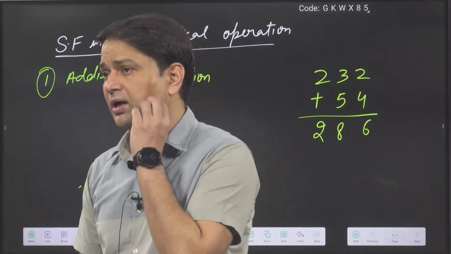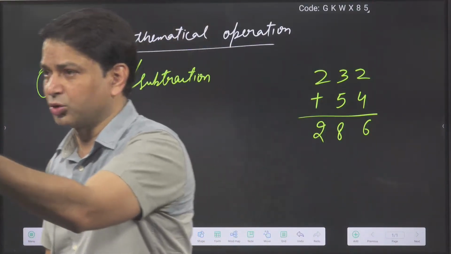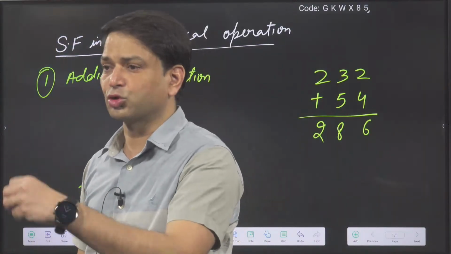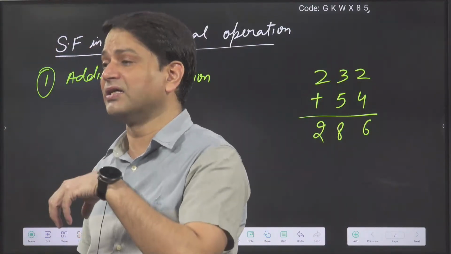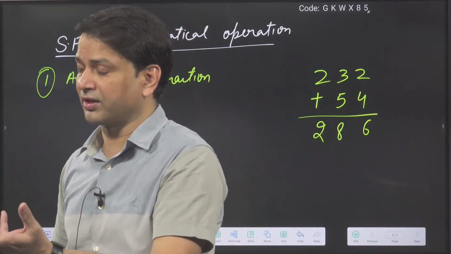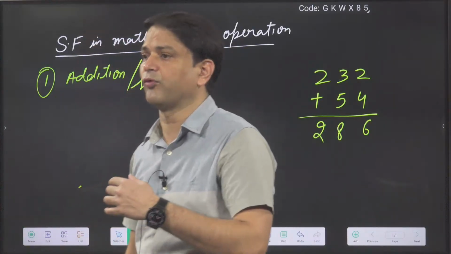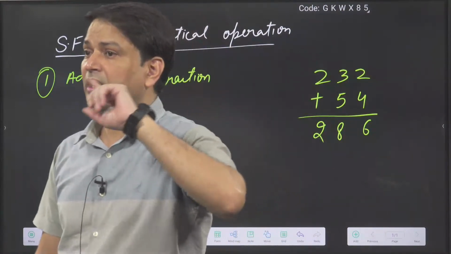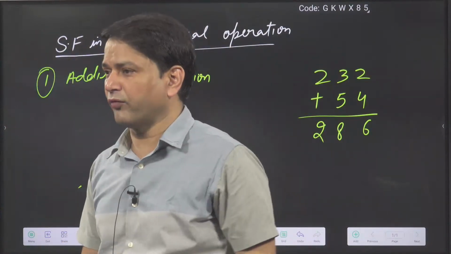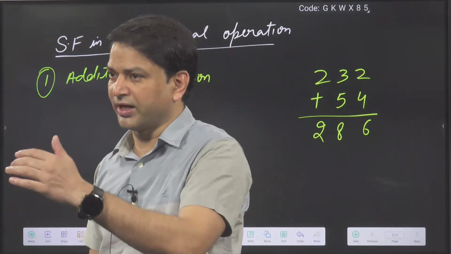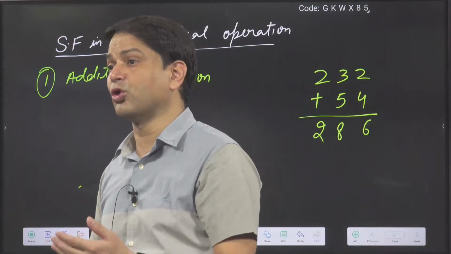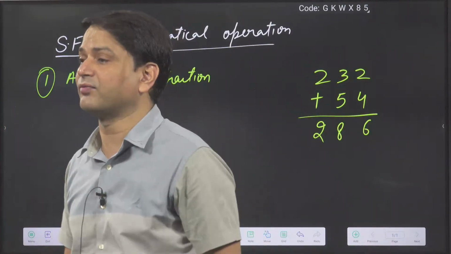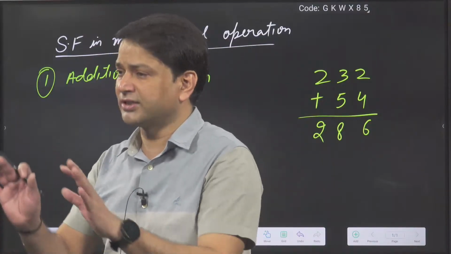The reason is, suppose 232 has 3 significant figures and 54 has 2 significant figures. If you write the answer in 2 significant figures, like the rule for multiplication and division where we take the minimum significant figures, you would say 29 after rounding off. Is it meaningful?